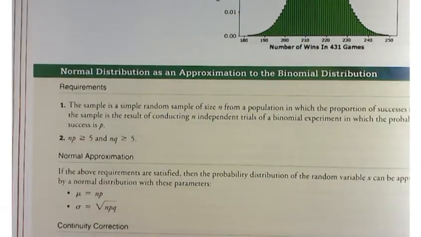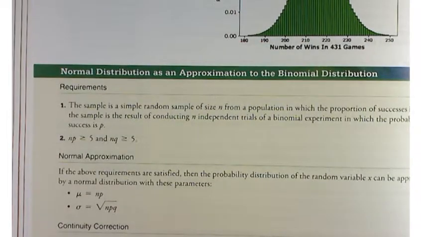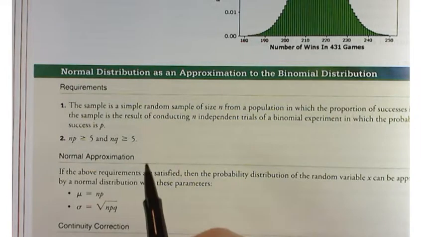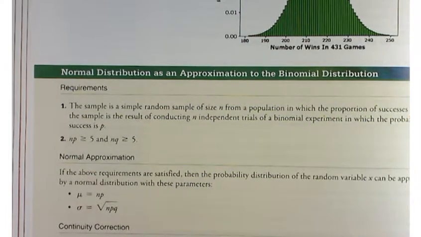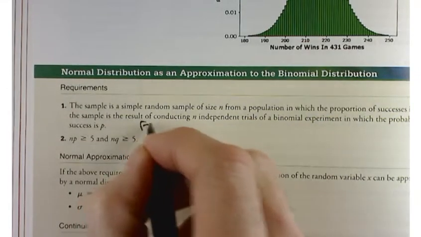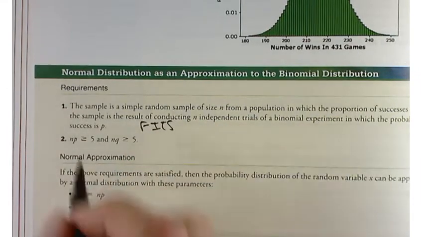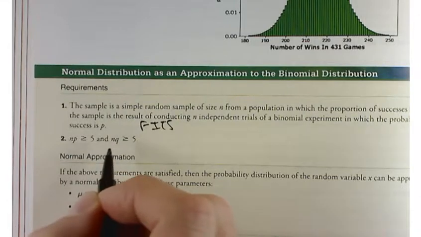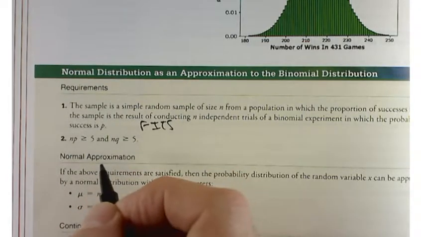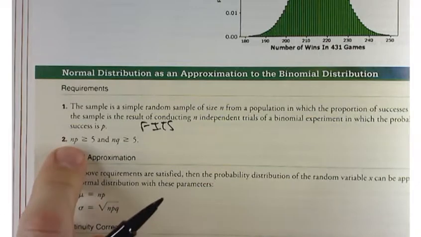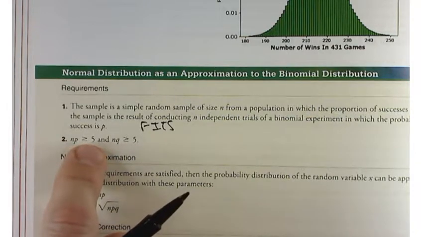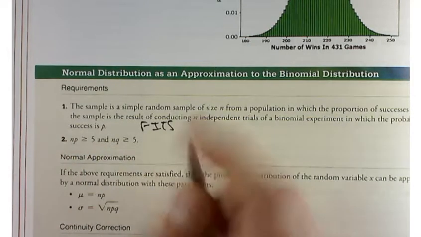Now, there's two assumptions that have to be checked here, beyond just having a simple random sample of size n from your population. We're going to test that it fits. But then there's two additional assumptions to use this normal approximation. The first one is np is greater than or equal to 5. The second one is nq is greater than or equal to 5.